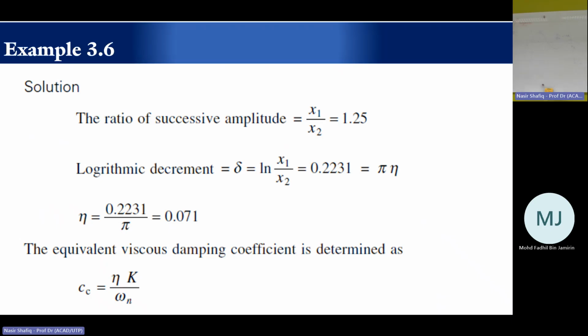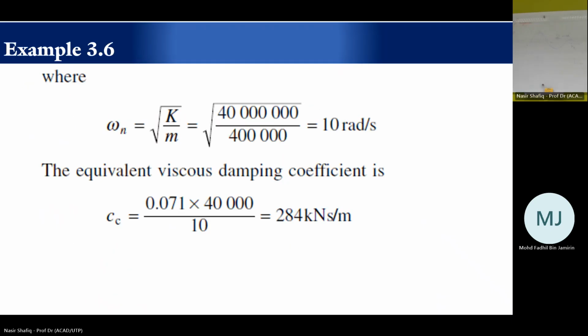So that is the hysteretic damping coefficient, and the equivalent viscous damping coefficient is beta equal to eta k upon omega n. So omega n is equal to the square root of k upon m. Both k and m are given, right?